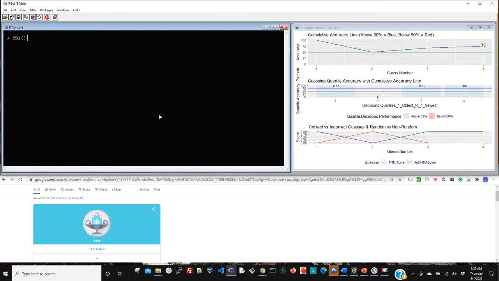If it guesses heads and it is heads, we'll enter 1 into the computer to let it know that it was heads. If it comes up tails, we'll enter 0 to let it know that it was tails. And that will inform the computer whether or not its prediction or guess was correct.